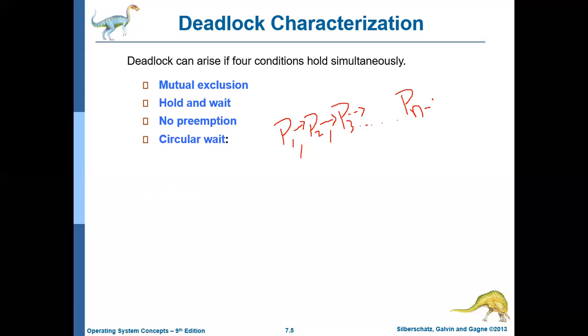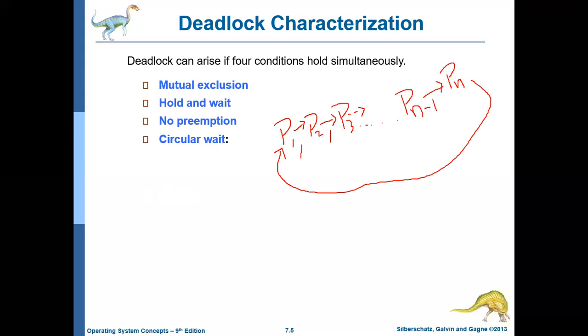Similarly, Pn minus 1 is holding a resource and it is waiting for a resource from the process Pn. And Pn is holding a resource and it is waiting for a resource which is held by P1.